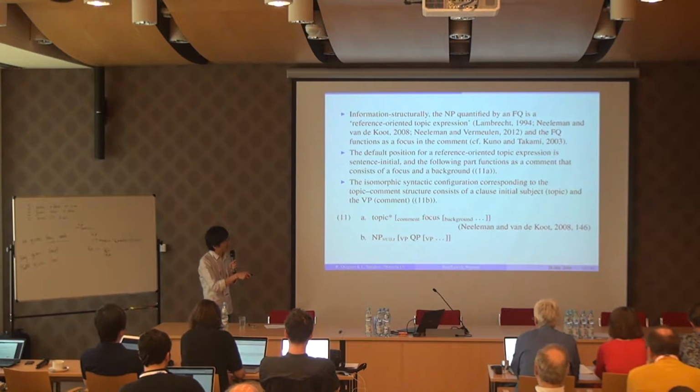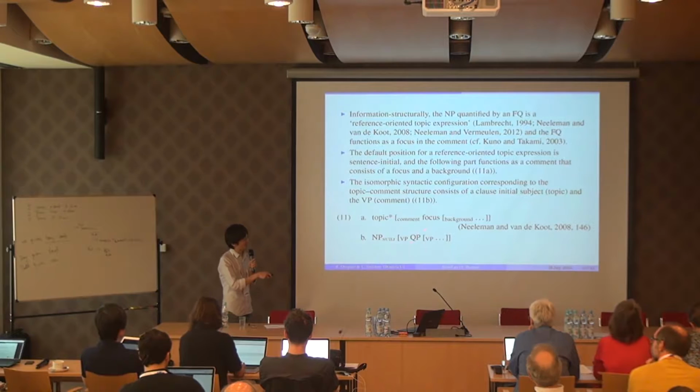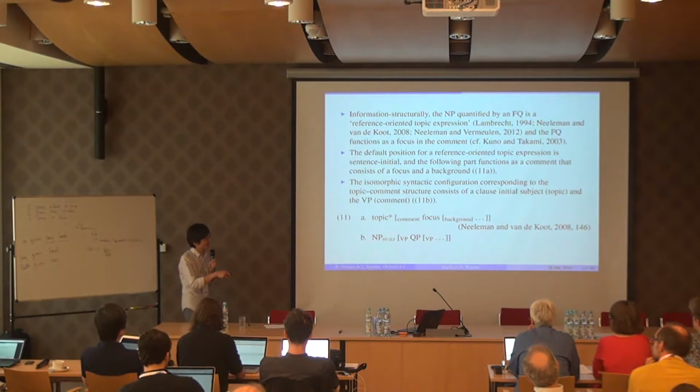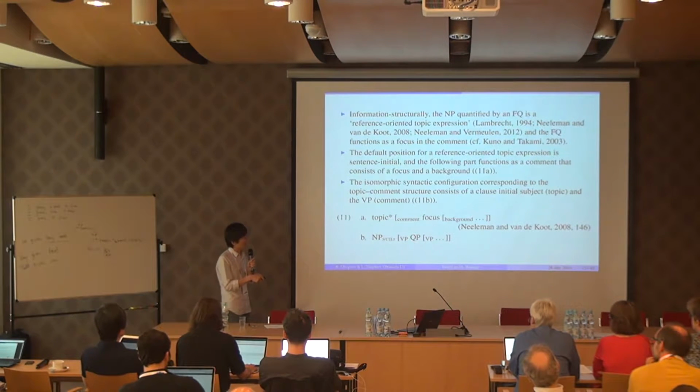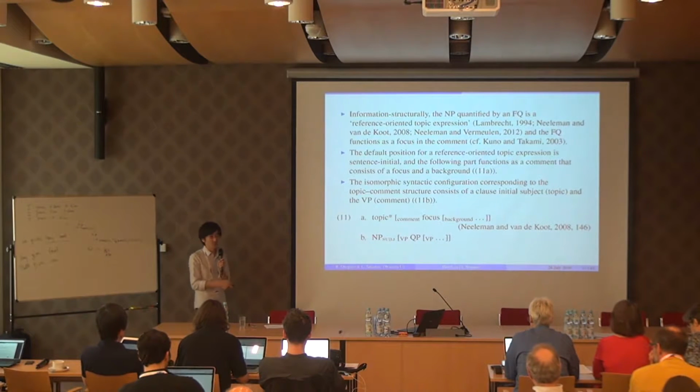And the edge of the comment is a focus, so that's the QP, the floating quantifier, and that's adjoined to the verb phrase. And the following verb phrase is the background. If we get this kind of syntactic structure, that's a very simple correspondence between the information structure organization and the phrase structure organization.